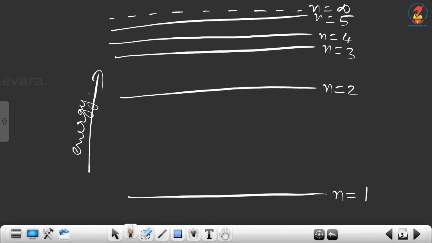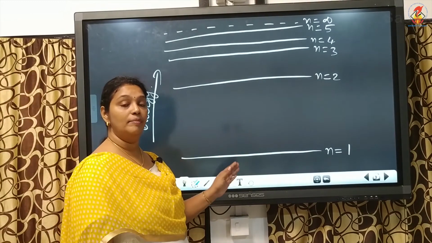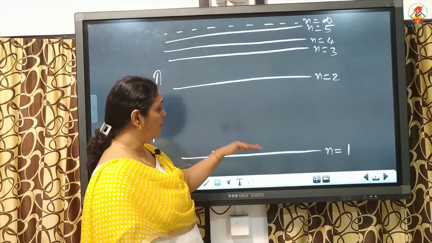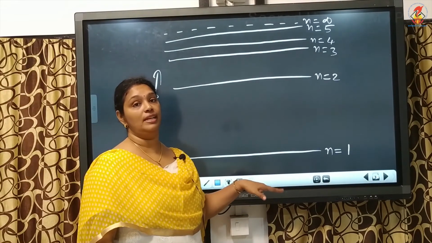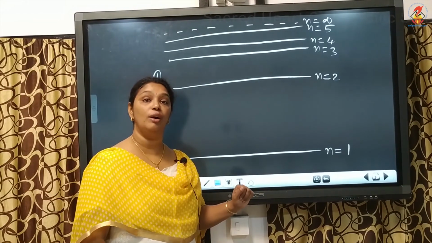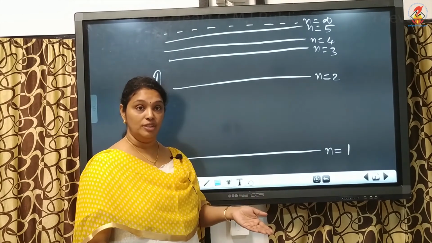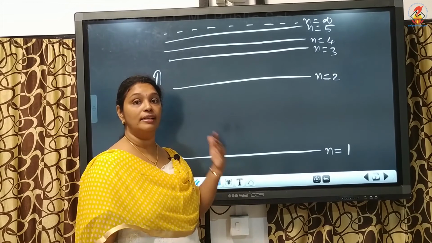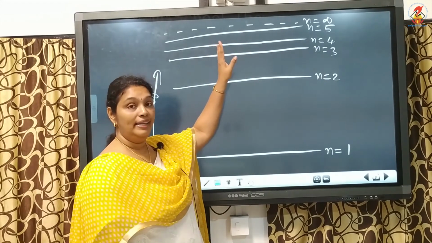Now here we know that the atom will absorb radiation in the ground state. Ground state means the low energy state of an atom is called its ground state. So an atom will absorb energy, and the electrons present in the atom will go to higher energy state.